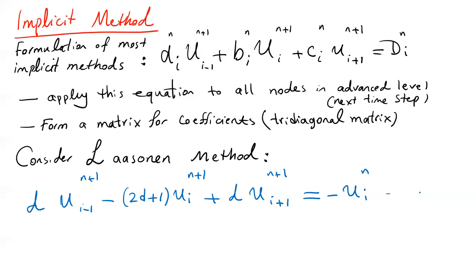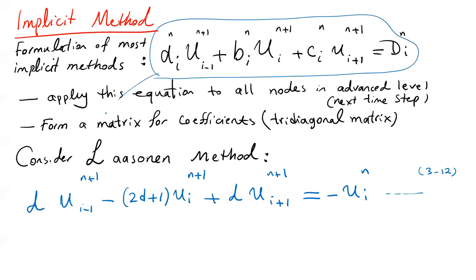So this is equation 3.12 of the textbook, and that's something we covered before. I don't think I had it down there, but if you look at the Crank-Nicolson method, you can rearrange those and have it in this form. So you can see we are putting that equation into this form, right? Make sense? So my A is D, then B is minus (2D+1), and C is another D, and capital D on the right-hand side is minus U(i). Again, anything at time step n is supposed to be known.